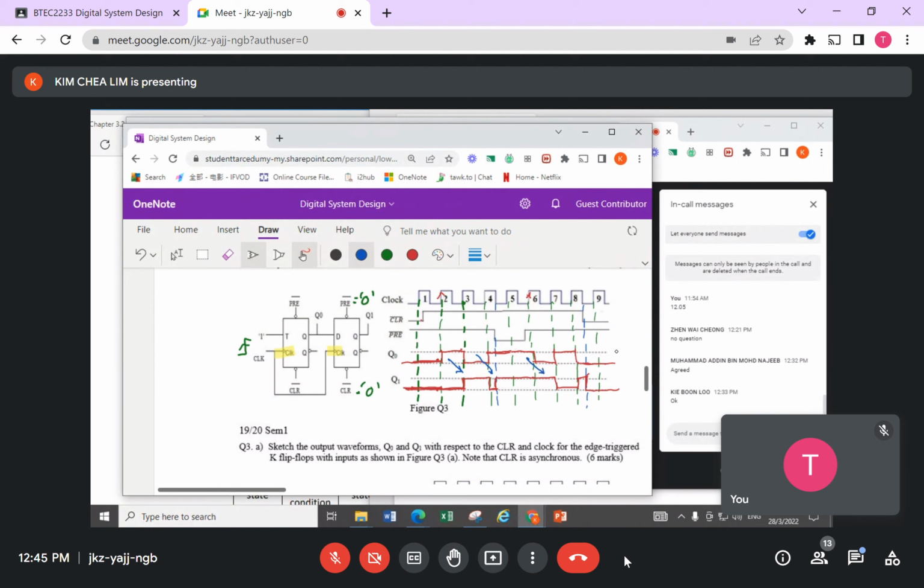So preset and clear cause the pattern here not to take the input exactly the same as the output. Any questions?